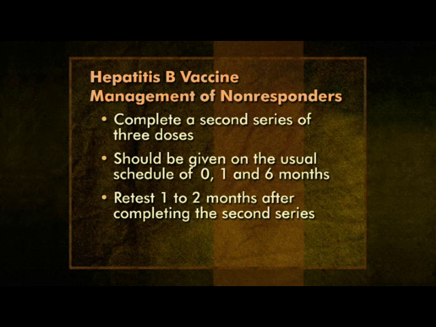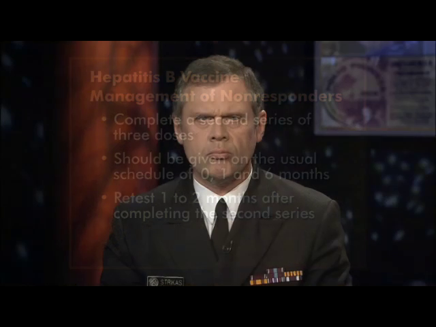Persons who do not respond to an initial 3-dose series have a 30 to 50% chance of responding to a second 3-dose series. The second series should be given on the usual schedule of 0, 1, and 6 months, but an accelerated schedule of 0, 1, and 4 months can also be used. Revaccinated persons should be retested for an antibody response 1 to 2 months after completing the second series.